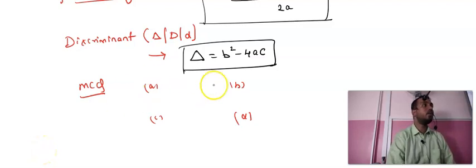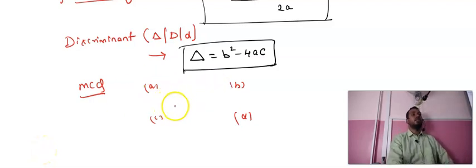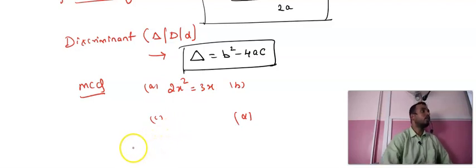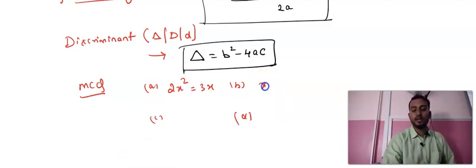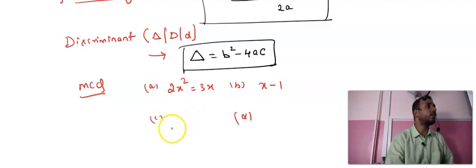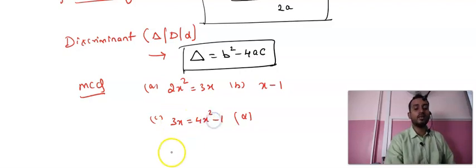Example, they may give you values like 2x square equals 3x. Here they are asking you to identify which is the quadratic equation. Somewhere x minus 1, I am just giving a rough example. And next they may give you 3x equals 4x square minus 1.